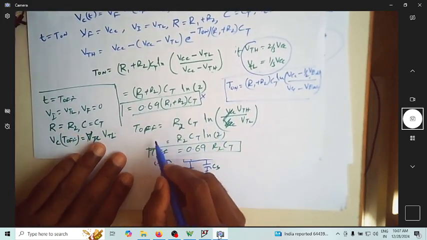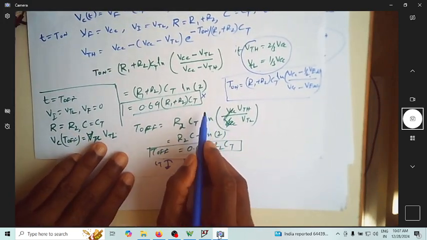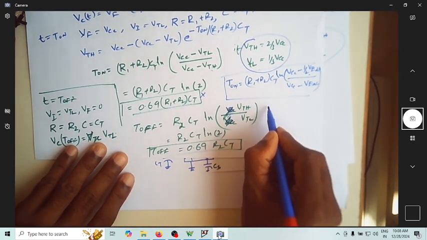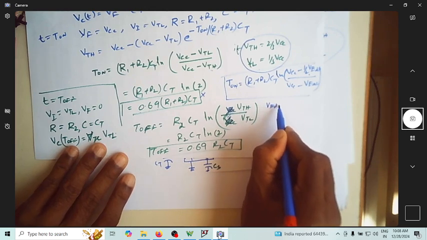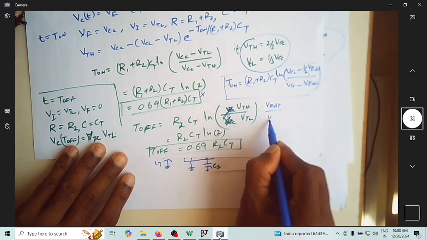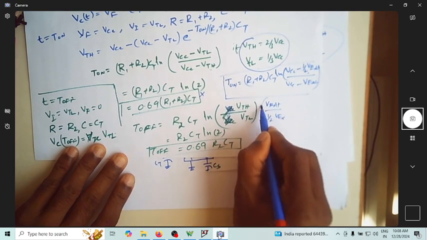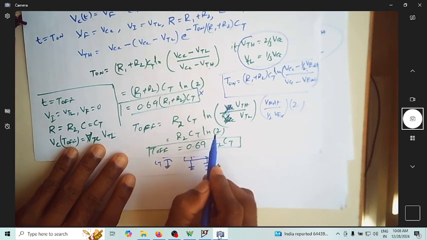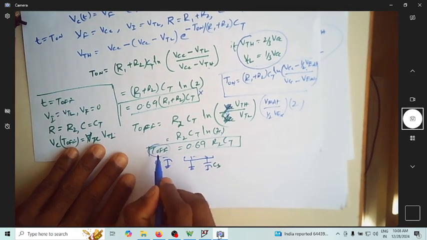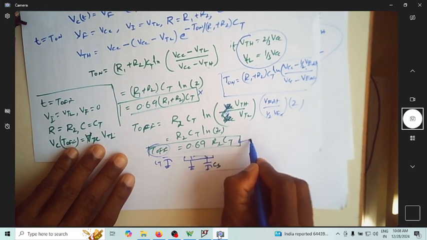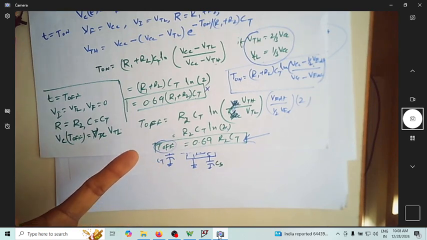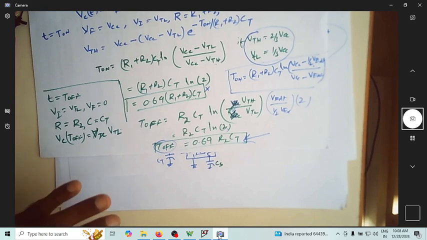How about the off time? You can see the off time expression has VTH and VTL. VTH is V external and VTL is half of V external. If you solve for this, it will again become 2, so it is ln of 2 only. So the off time has the same expression whether you have an external voltage or 2/3 VCC as the control voltage.